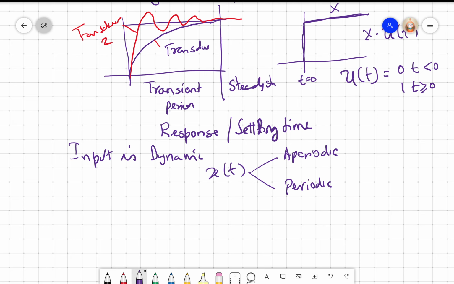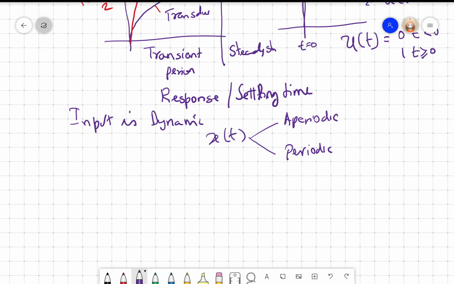Periodic means it repeats every cycle. There is one cycle of change and that cycle keeps repeating again and again.